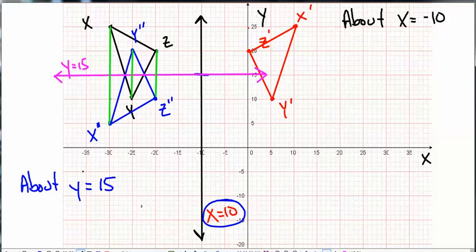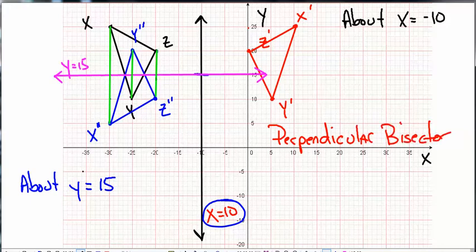It's the same distance above the line, the same distance below. So what's that called? Symmetry. Close, but remember this? Isn't it a perpendicular bisector? That piece is congruent to that piece, and they intersect at 90.